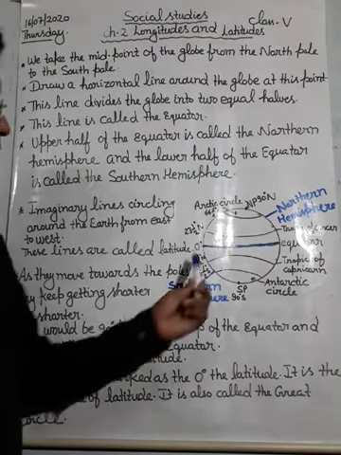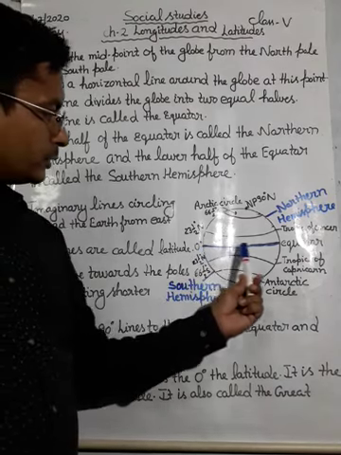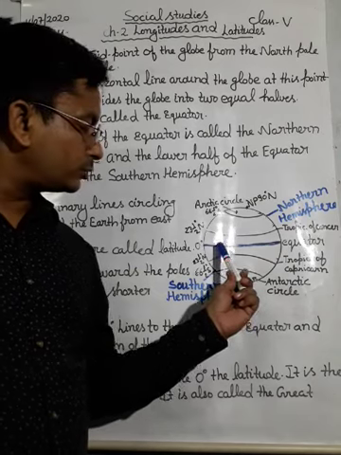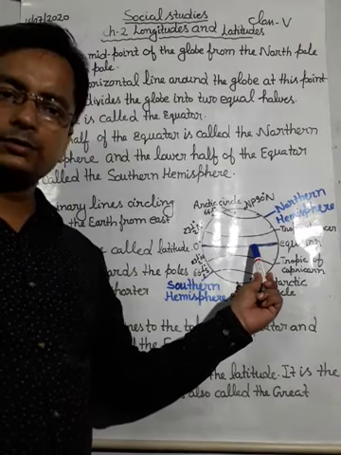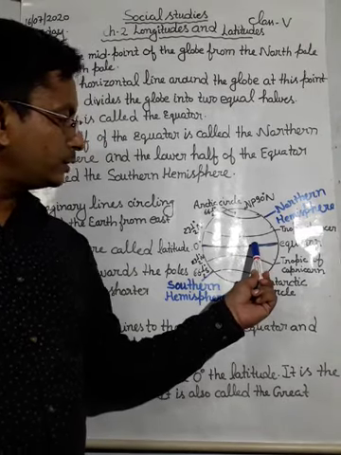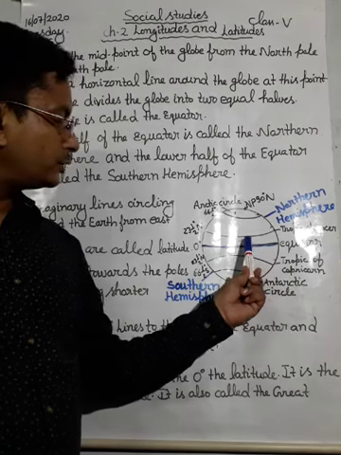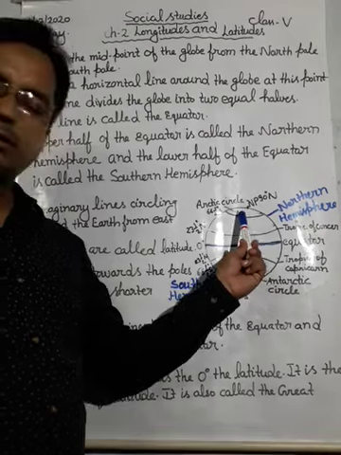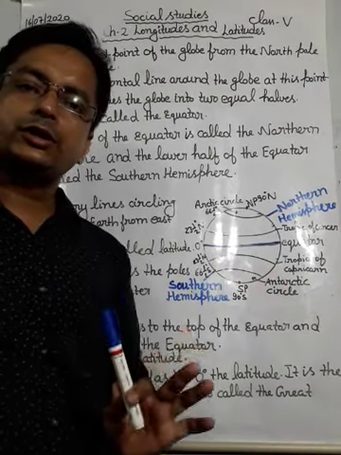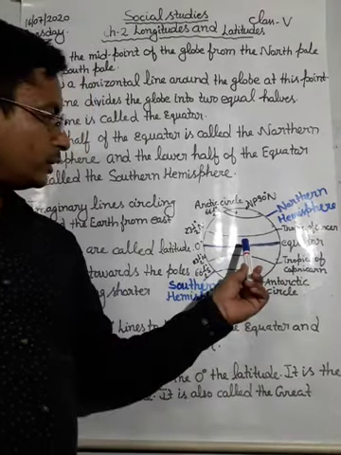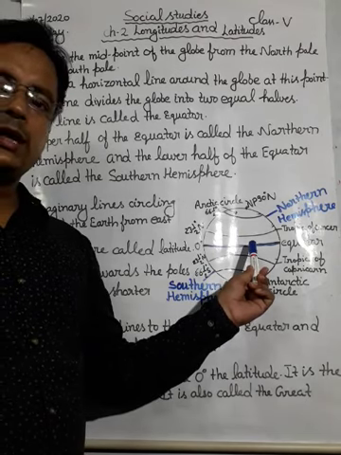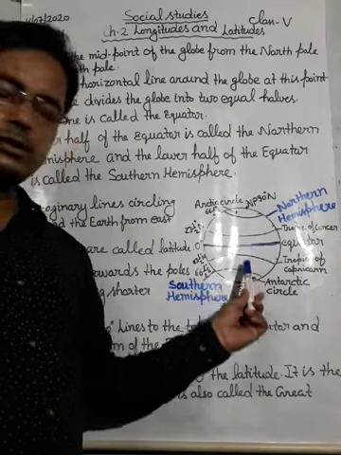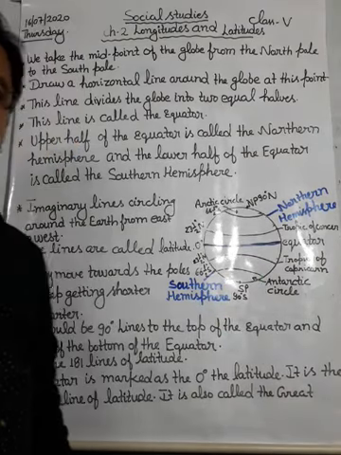You can see here this line is a very big line, and it is also called a great circle. It is called the equator, and each and every line after the equator gets shorter and shorter as the lines move above or below the equator.